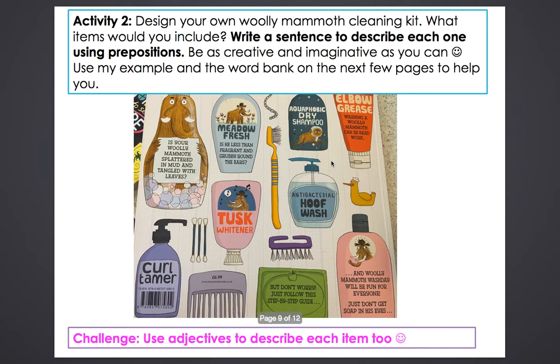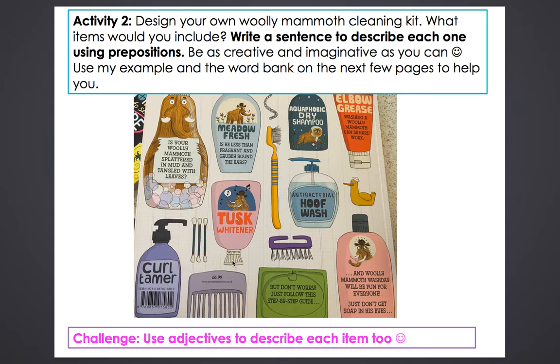Super. Then the final activity for today, and I think you will really enjoy this. I would like you to design your own woolly mammoth cleaning kit and think about what items you would include. Okay, so you can use this picture to help you. And then on the next page there's an example and a word bank that I've done to help you.